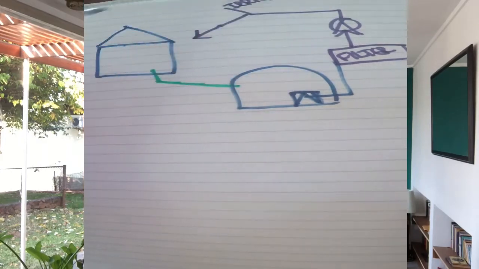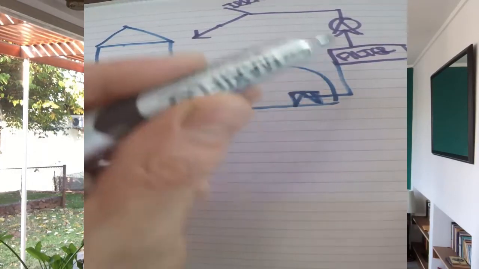And so what's happening is you're creating a cycle where you're continually drawing off water, reusing the water, drawing off, reusing the water.